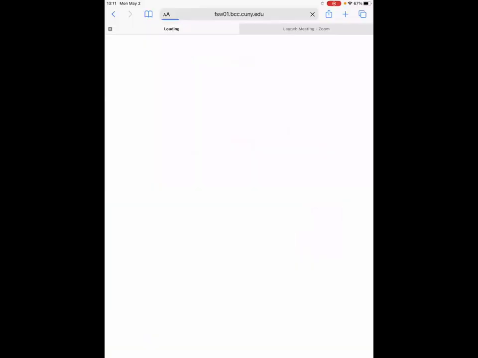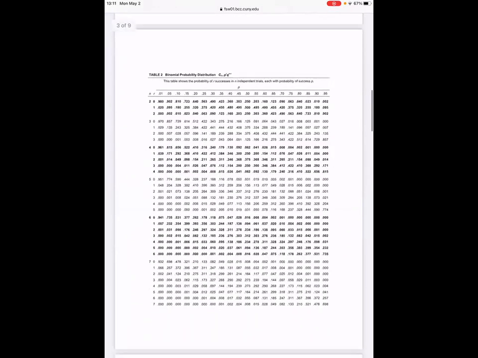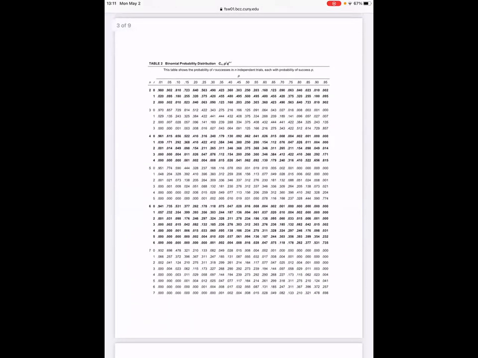Let me go to it. In the first column there is n, the number of trials, and there is r next to n. At the top there is p. So we are supposed to use this table to find these binomial distributions.